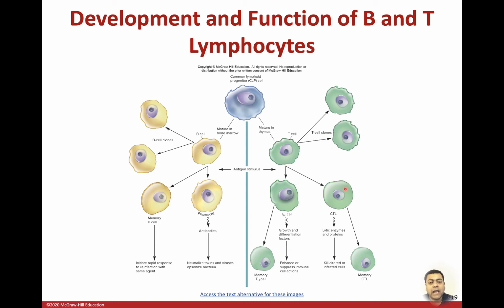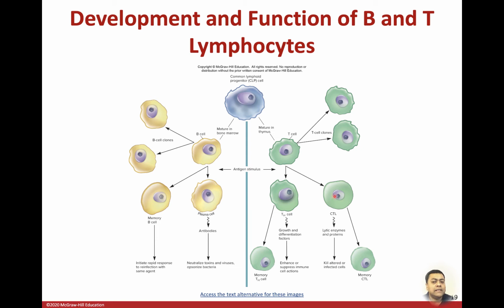On the other hand, another type of T cell differentiates into the cytotoxic T cells, CTLs, which have CD8 on their surface. Upon antigen stimulus, this will again release lytic enzymes and proteins, which will kill the altered or infected cells. Altered cell means, think about a cancer cell, which can have a particular antigen on its surface or a protein which mutated and is in a different form.